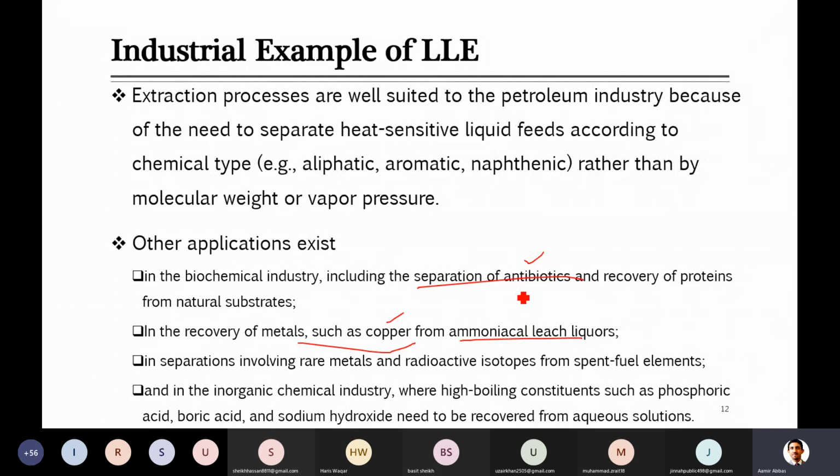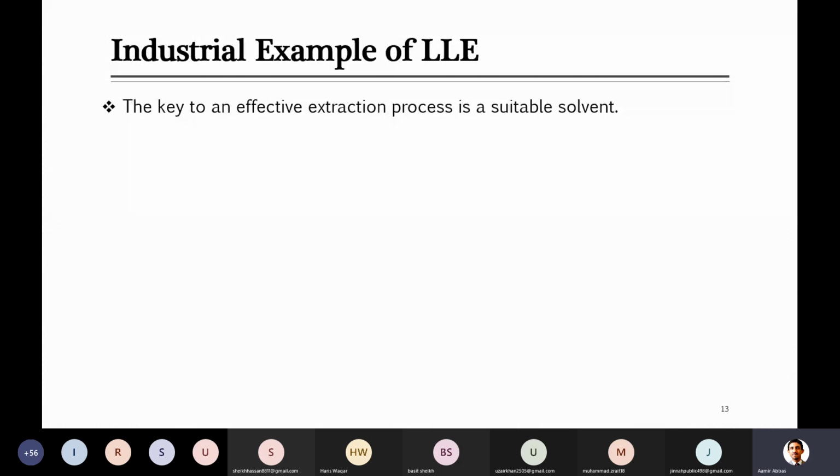Similarly, rare earth metals or radioactive isotopes from the spent fuel of nuclear plants. As well, in inorganic chemical industries, high boiling constituents like acetic acid, boric acid or similar components are recovered from aqueous solution more easily as compared to distillation.